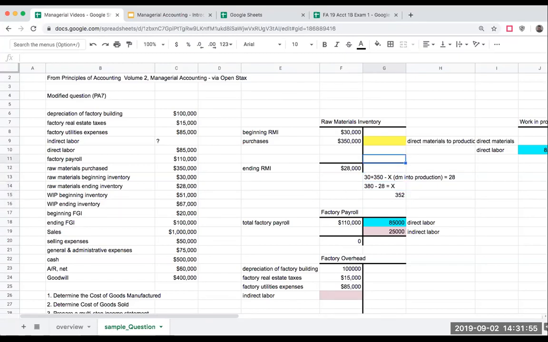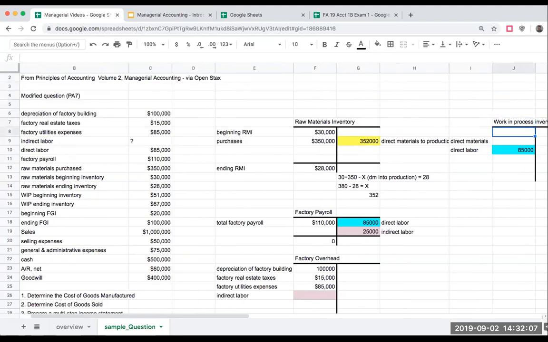Okay, so when I put 352,000 in here, does this work? Well, 30,000 plus 350 minus 352 gives me 28,000. So right over here, my direct materials used in production are going to be 352,000. Okay. So let's go ahead and look at the next one right over here.